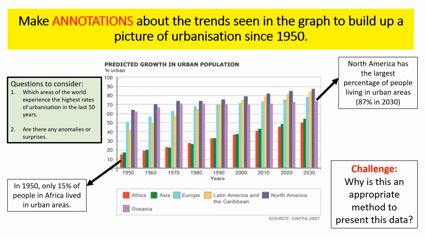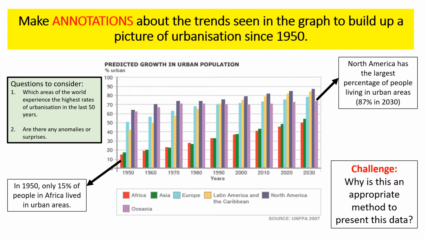If you want to, you can pick out key bits of data. You can see that North America, Europe, Latin America and the Caribbean, and Oceania tend to have the highest amounts of urban population. As we said earlier, it tends to go with more highly developed countries, and therefore we can see that trend clearly there.